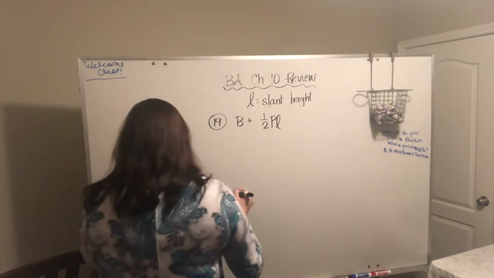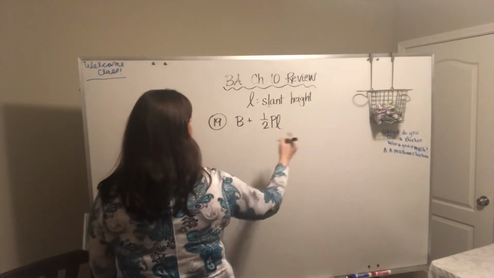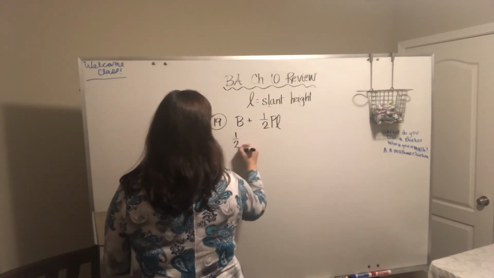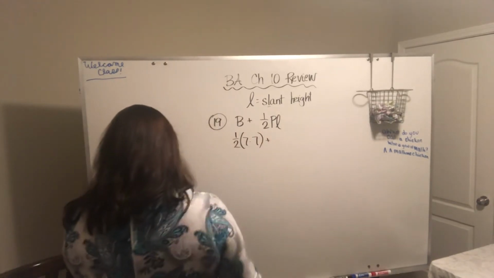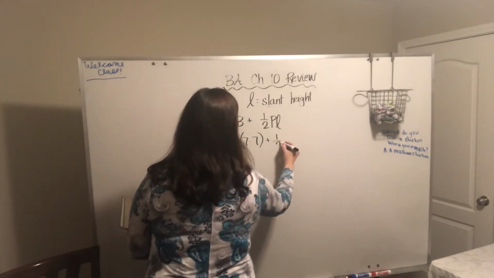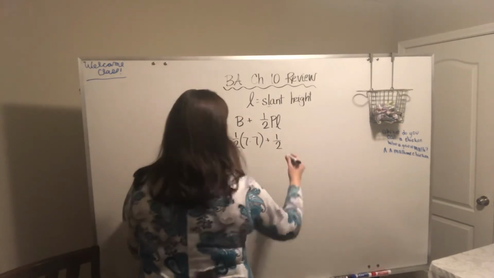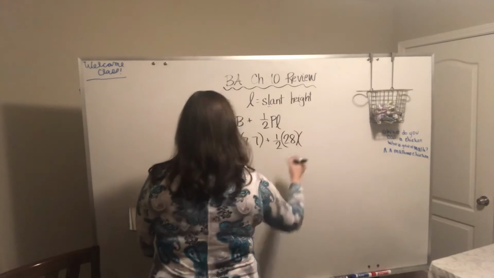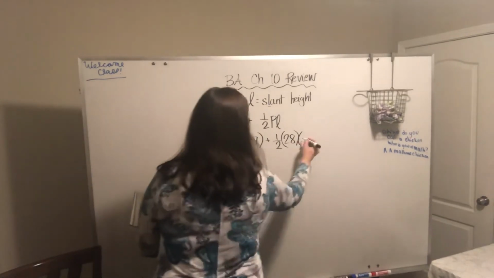So 7 times 7 for a triangle is length times width divided by 2, so the base there is 1/2 7 times 7, plus the perimeter of that base is 7 on each side, and it is a square, so we have 28. That's the perimeter there. And the slant height is 6.